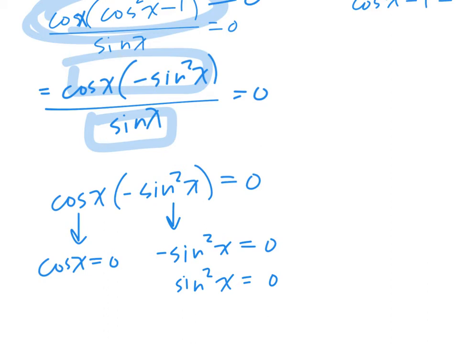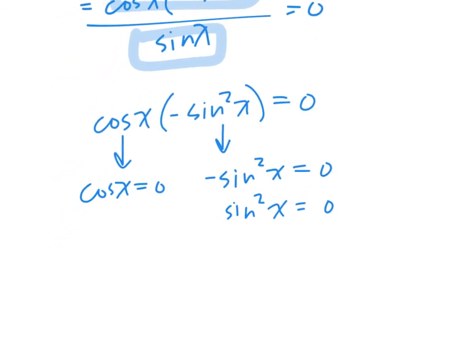This is why you have to memorize, or else this is going to take forever. Cosine of what is 0? Radians. Pi over 2. And 3 pi over 2.